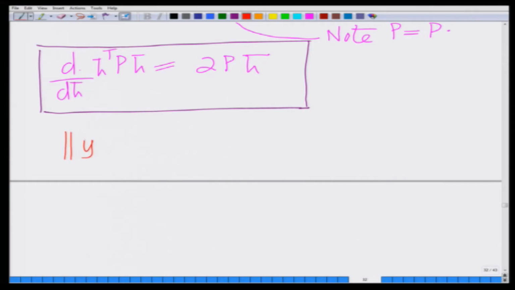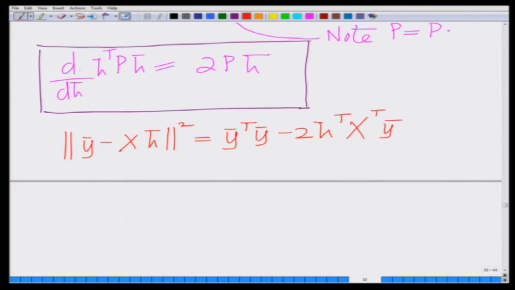Remember in the previous module we have already seen that the least squares cost function can be simplified as y bar transpose y bar minus 2 h bar transpose x transpose y bar plus h bar transpose x transpose x times h bar.